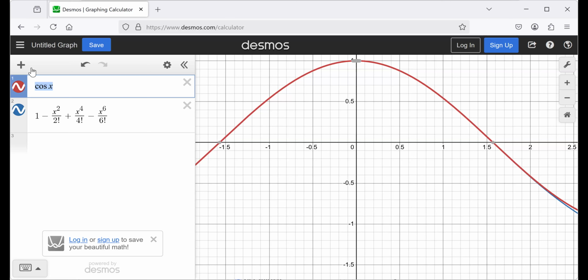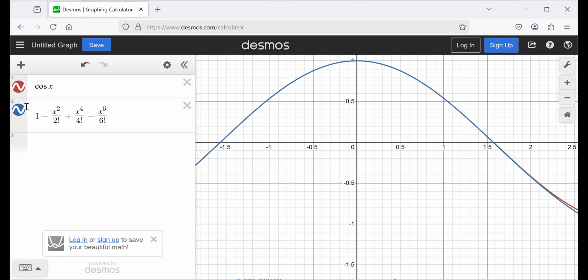So the cosine is hard to work with, hard to do calculus with. A finite polynomial is easy to work with, easy to do calculus with. If we want to integrate this, if we want to differentiate it, we're just using the power rule.